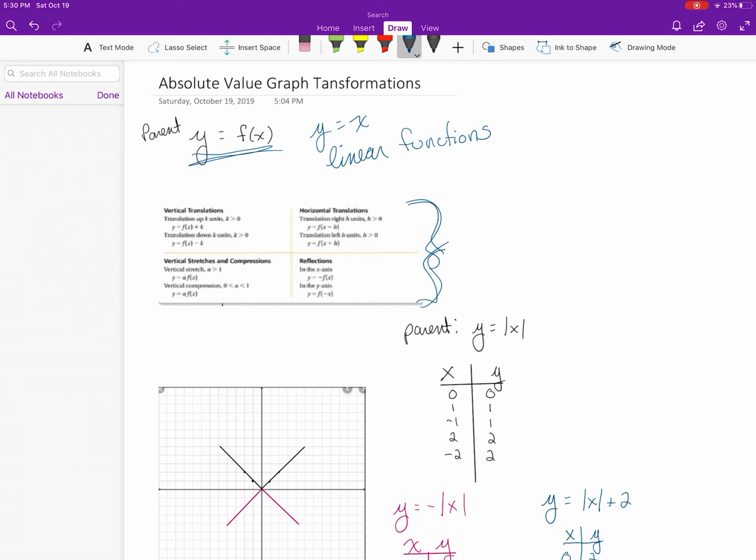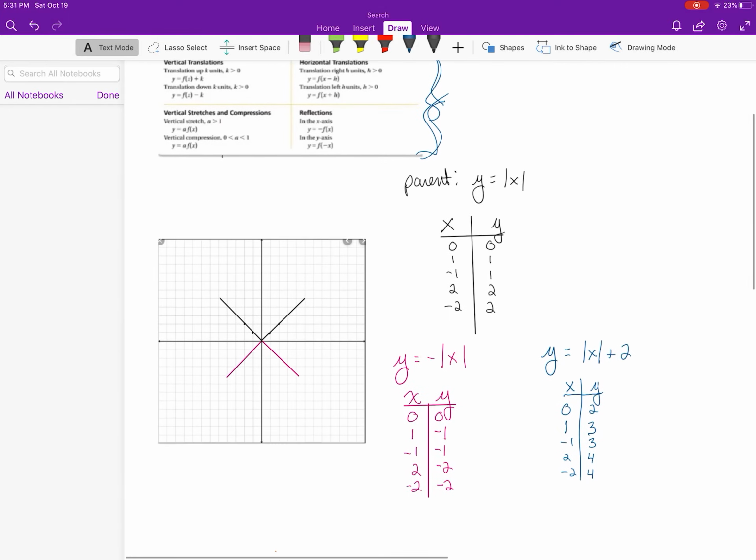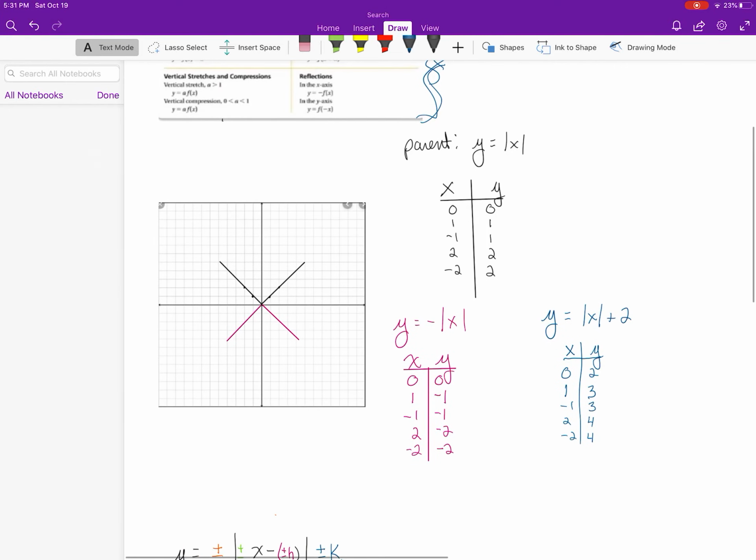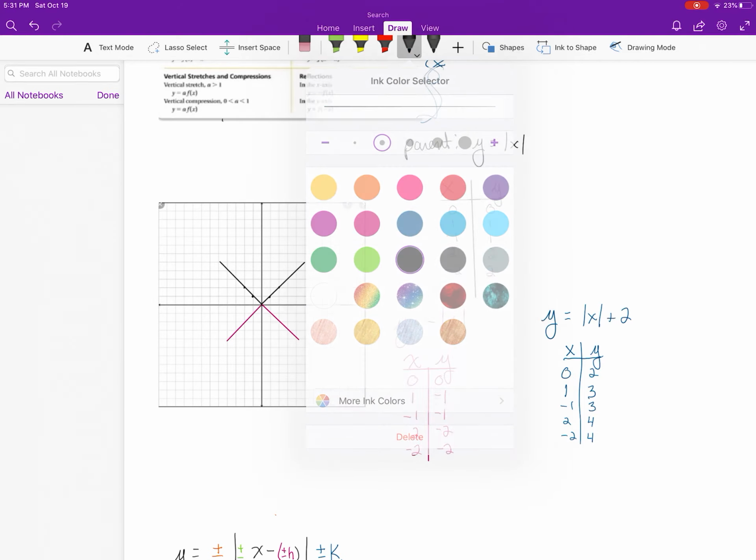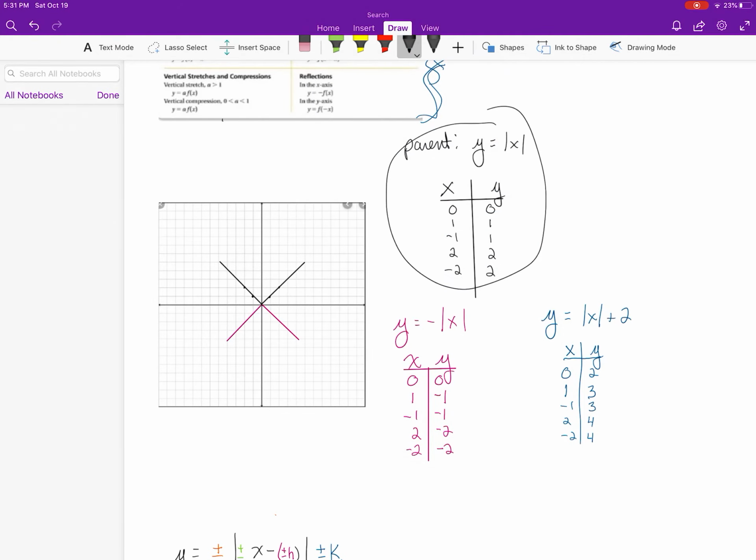All right, very similar to the parabolas, but not quite as much fun. We have the absolute value graphs. And I've graphed the parent function in black. So we got this guy over here, right?